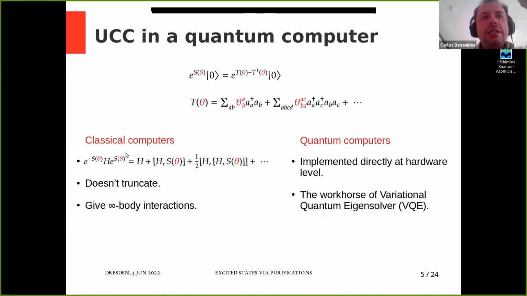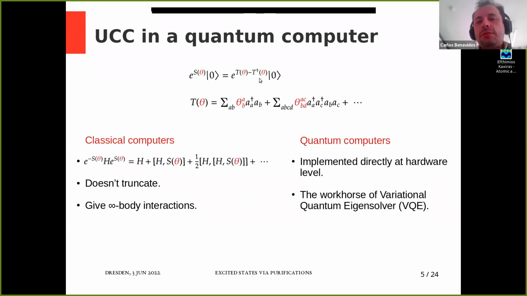The reason is this: if you expand this sandwich, this unitary transformation of the Hamiltonian, you end up with an infinite sum. This doesn't truncate. The problem with this lack of truncation is that instead of having a Hamiltonian with two-body or four-body terms, you end up with infinite-body interactions. So this is completely inefficient in a classical computer. However, since this is a unitary transformation, you can implement it at the hardware level.